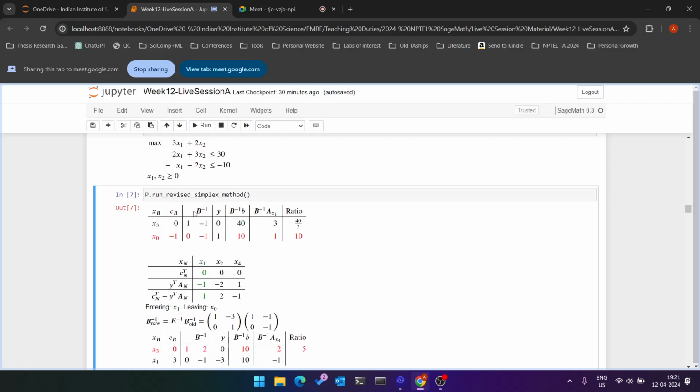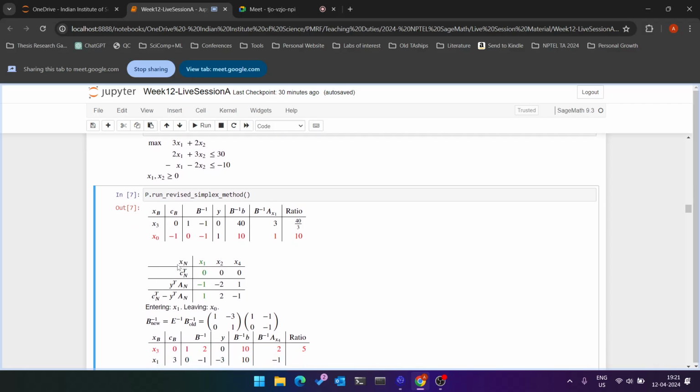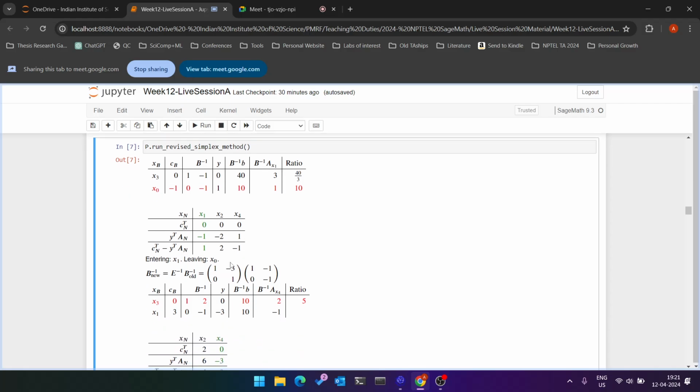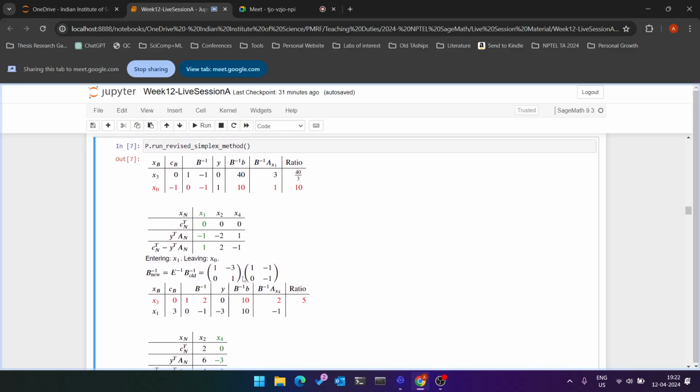So x1, x2, x4, I'll initially form my xn. Xn is given by x1, x2, x4. My new basis matrix is given by E inverse B old inverse, and my B old inverse is like this, it's already written here, and E inverse is like this.